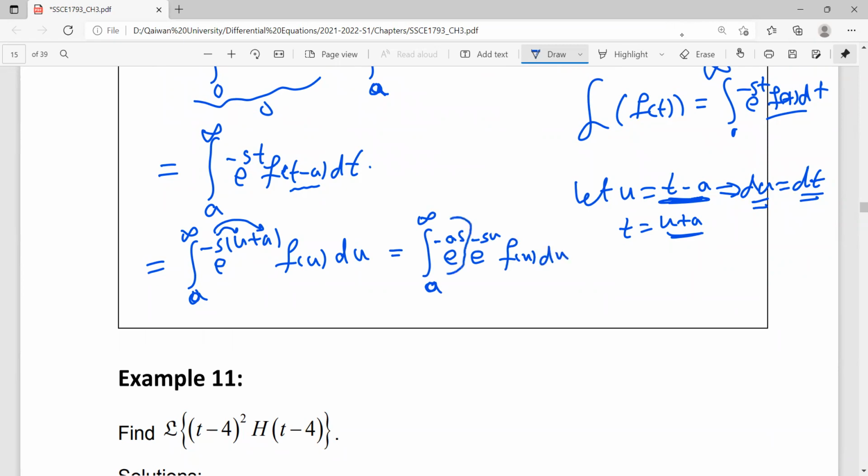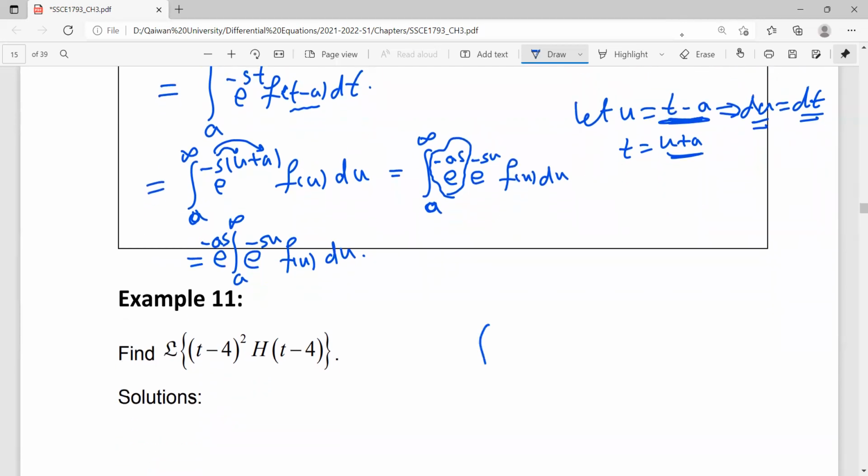This is constant because here we have integration with respect to u. Here we have no u. We take it out of the integration. It equals e to the power minus as times the integration from a to infinity, and what's left is e to the power minus su, f of u du.